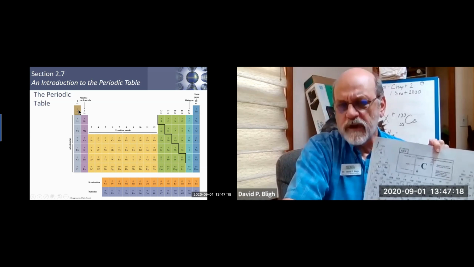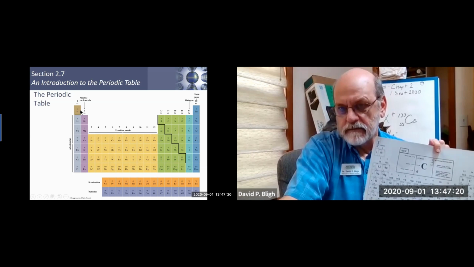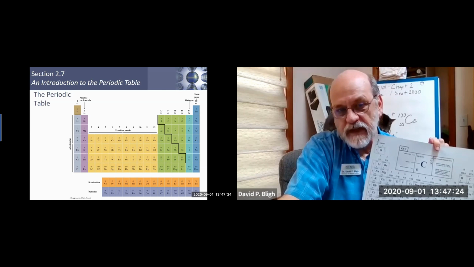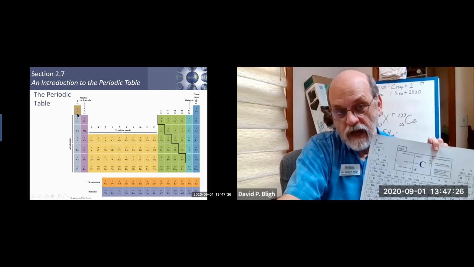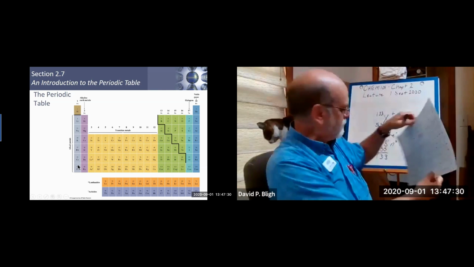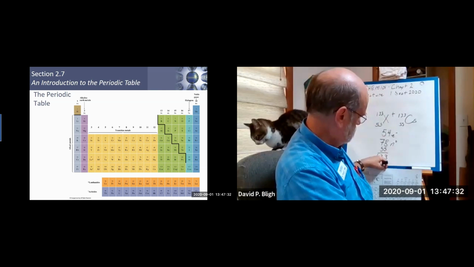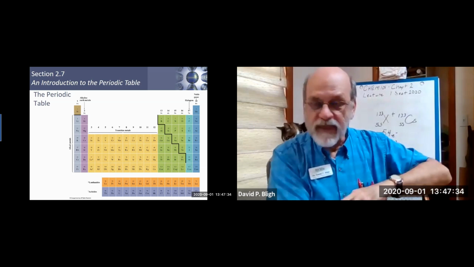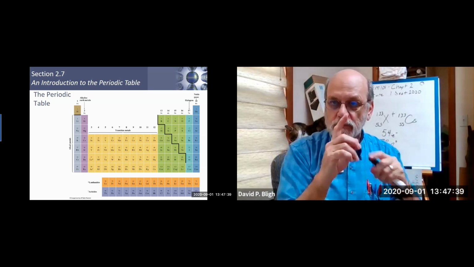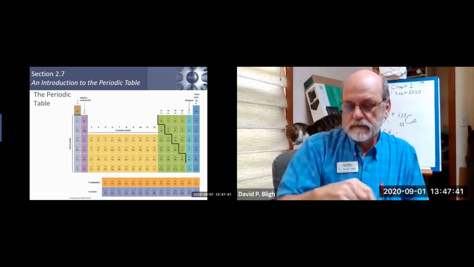Okay, so what are some names of the various groups? Well, let's see. The first column are alkali metals. And the alkali metals, when they are charged, are always +1 charge.